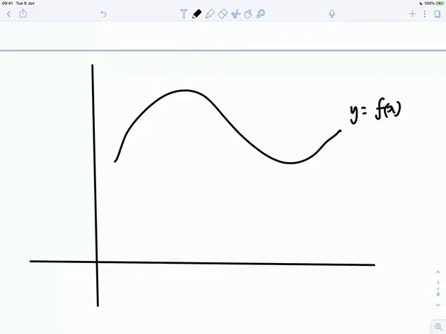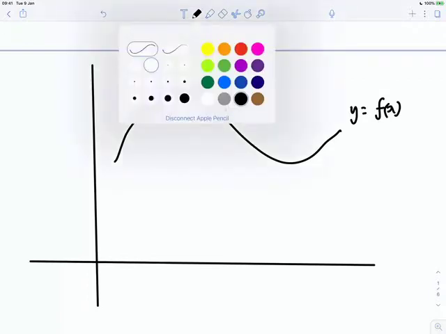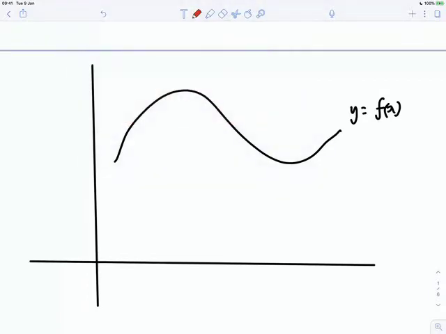Then if I was to find dy by dx at a point, let's say x equals p, then dy by dx at x equals p will be the gradient of the curve at that point. So it'll be the same gradient as the tangent line to that curve.